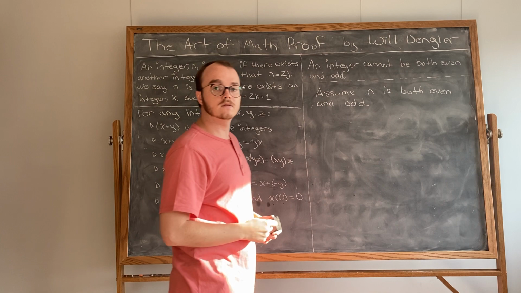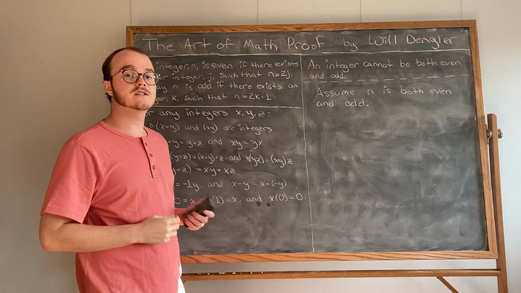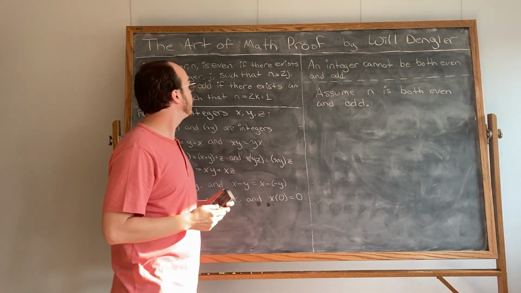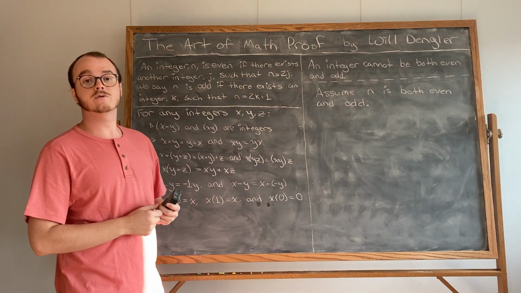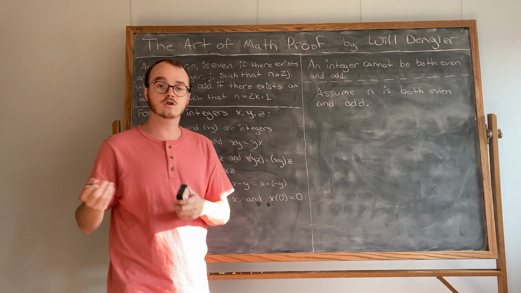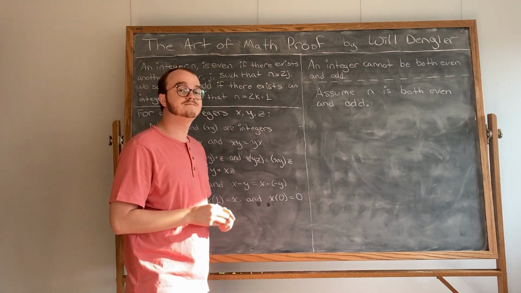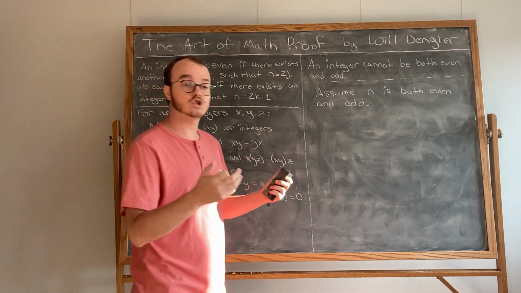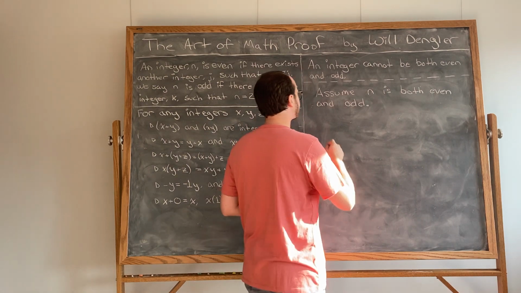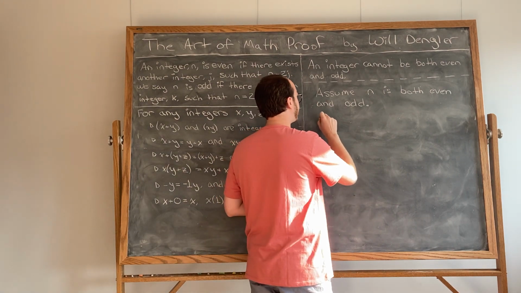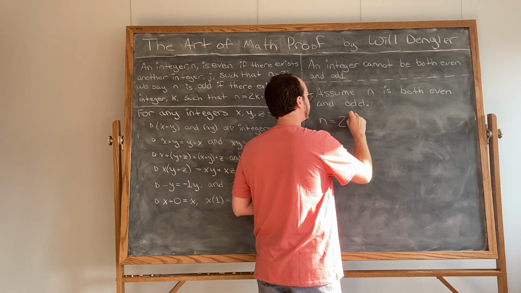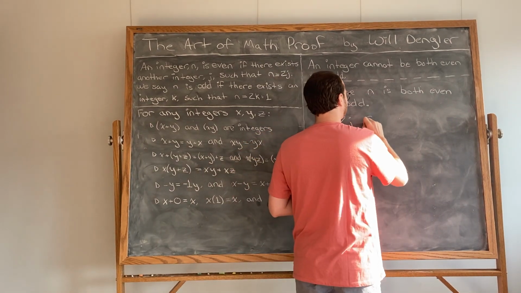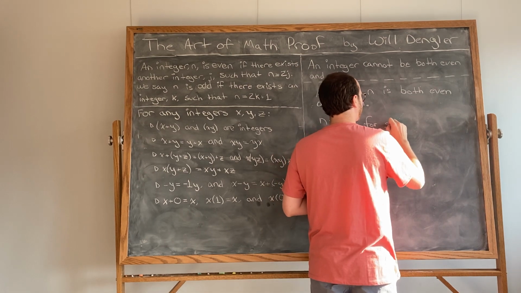Okay, well, since we're assuming n is even, then we know that by the definition of evenness, there is going to exist a second integer that we can multiply by 2 to get n. Let's call that integer j. So because n is even, we know that there exists an integer j such that n is equal to 2 times j for some integer j.